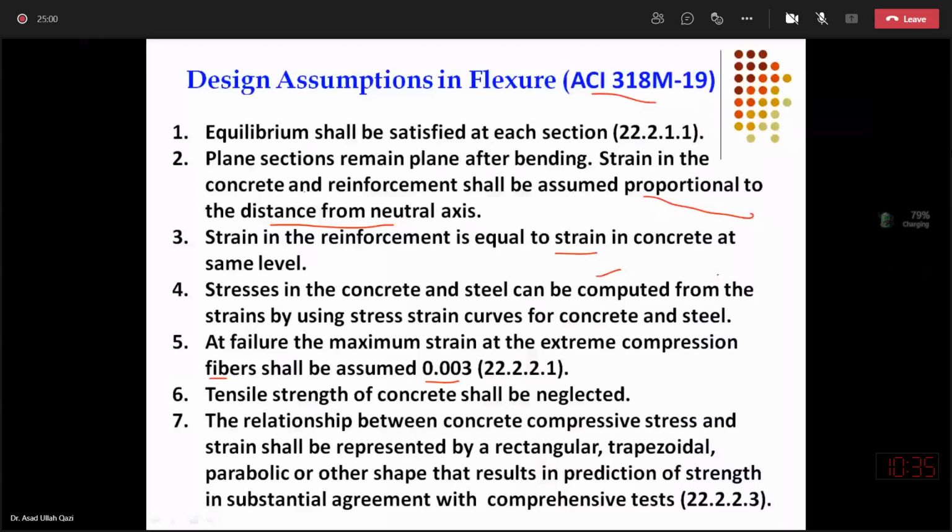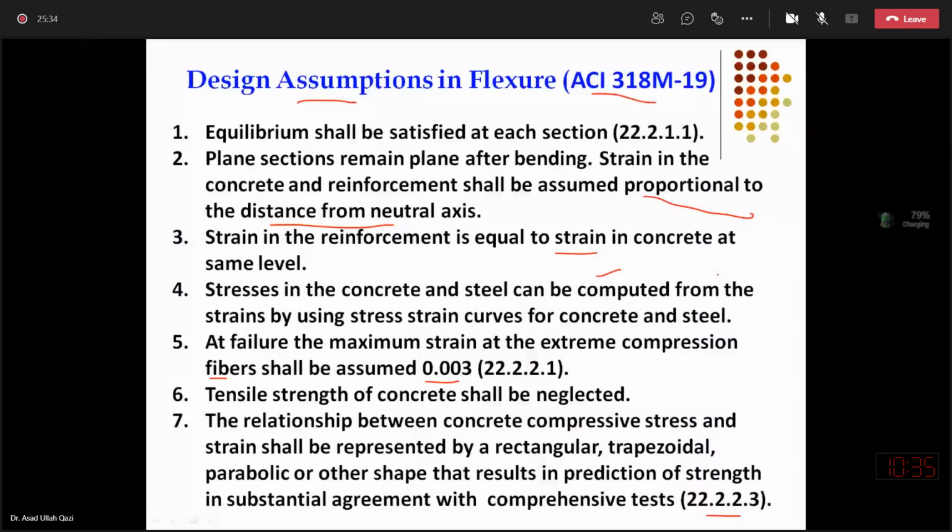The relationship between concrete compressive stress and strain shall be represented by a rectangular, trapezoidal, parabolic, or other shape that results in prediction of strength in substantial agreement with comprehensive tests. So this is ACI provision 22.2.2.3, and on this assumption we are going to spend a few minutes.